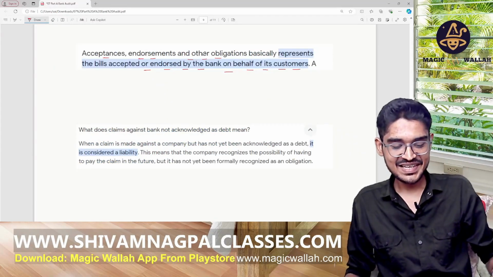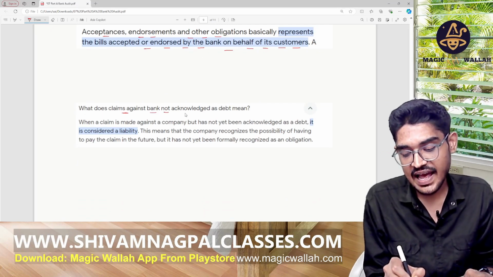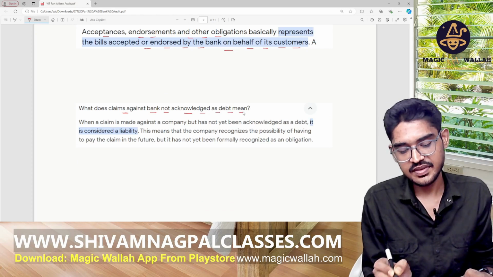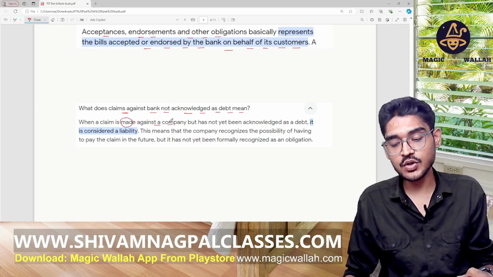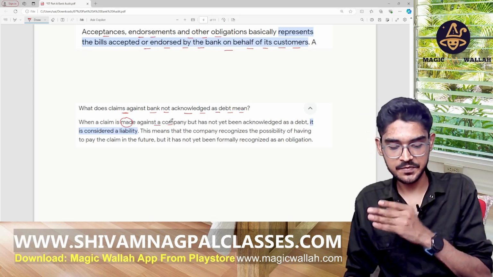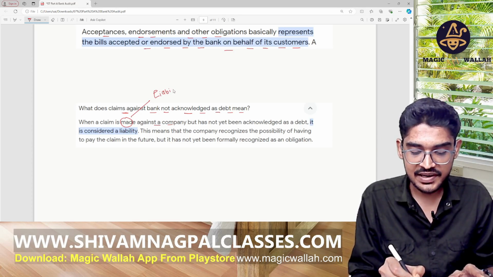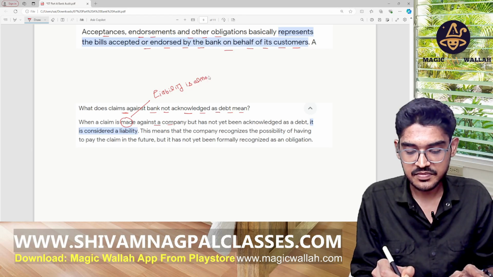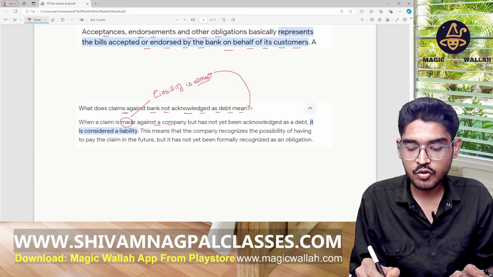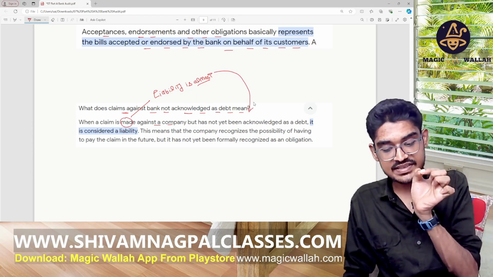Let's see this. What does a claim against the bank not acknowledged as debt mean? When a claim is made against the company but has not yet been acknowledged as a debt, the liability may almost arise, that we have to pay in the future. That means it is not acknowledged as debt.